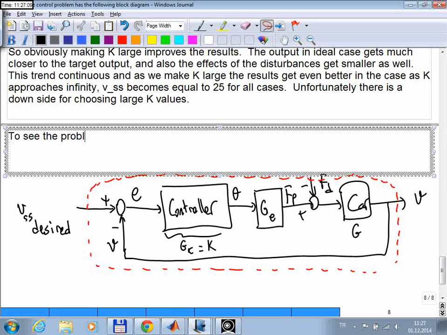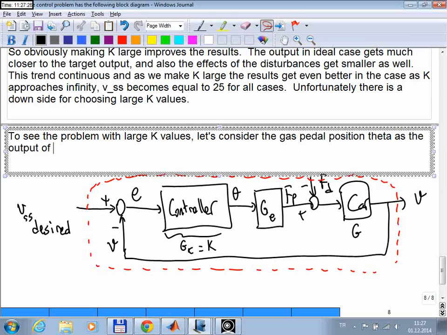To see the problem with large k values, let's consider the gas pedal position theta as the output of our system.